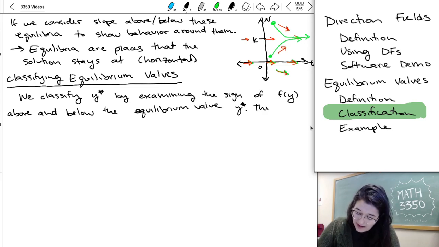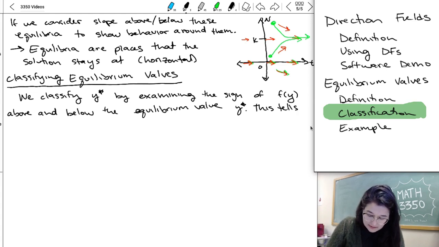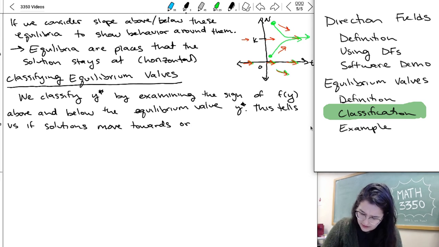And then when we do that, it's going to tell us if solutions are drawn towards or away from that equilibrium value y star.